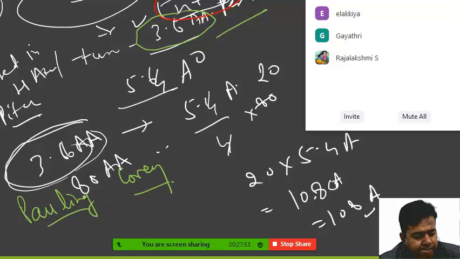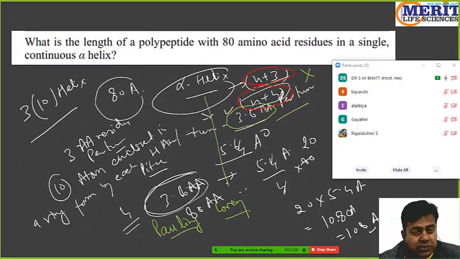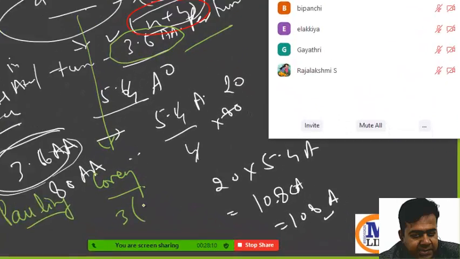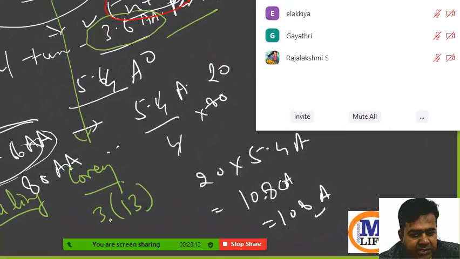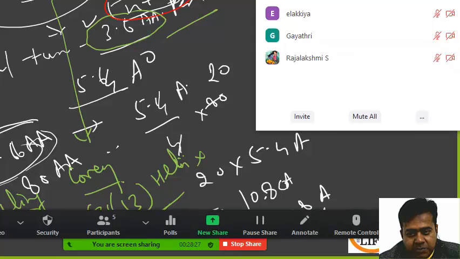And Pauling Corey named this general alpha helical structure very similar to this one. Can you tell me what was the name given by this Pauling Corey? This was called as a 3.6 sorry, 3.6 13 alpha helix. And today you never find it in any book, right? Okay, have you seen that name in any book?